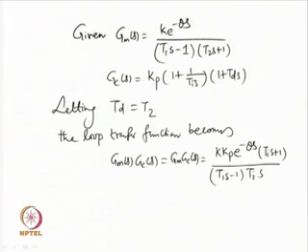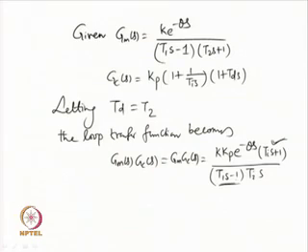Now, the loop transfer function has got one zero located at minus 1 upon Ti and one pole located at 1 upon T1, because you have got an unstable pole for the second order system.